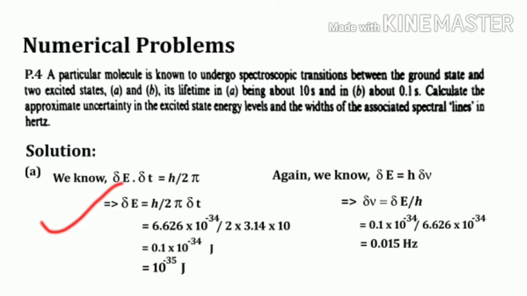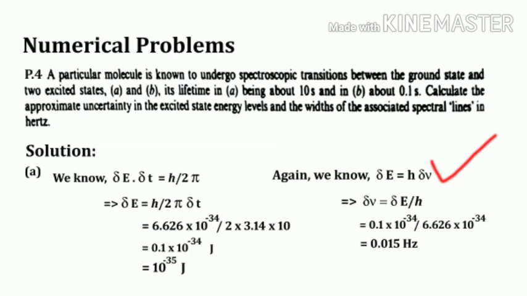So from which we can write del E is equal to h by 2 pi into del T. So substituting the value of h and delta T and pi, we get delta E equal to 6.626 into 10 to the power minus 34 divided by 2 into 3.14 into 10, and simplifying it, we get delta E equal to 0.1 into 10 to the power minus 34 joule, or approximately it is del E is equal to 10 to the power minus 34 joule.